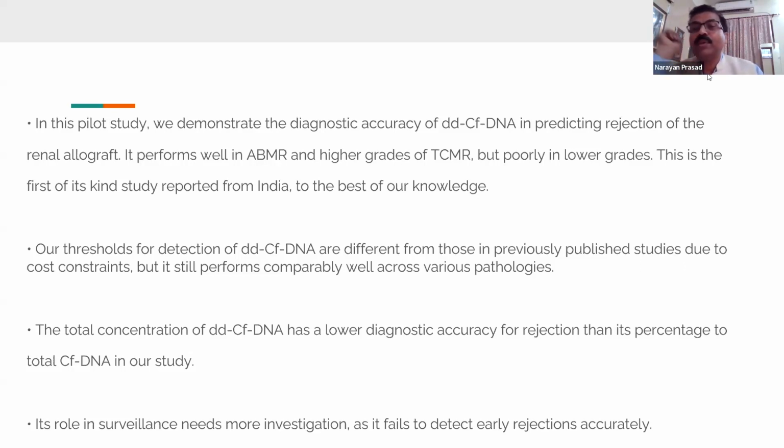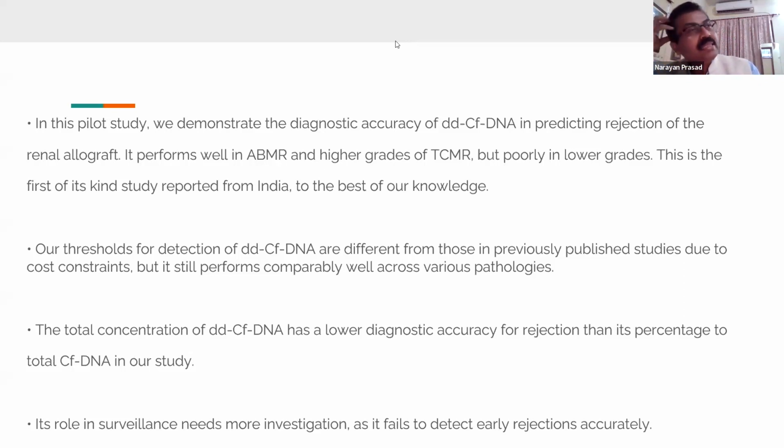Definitely, so that always remains. And there was one outlier in the control group that had very high levels of donor-derived cell-free DNA. That was another concern: what was the reason for this, and whether the CNI level has been tested. Sometimes even ATN can be there in some patients, which can raise the cell-free DNA.